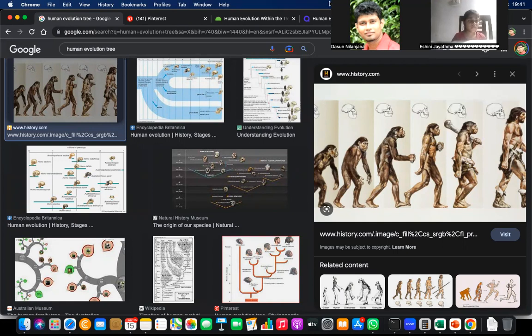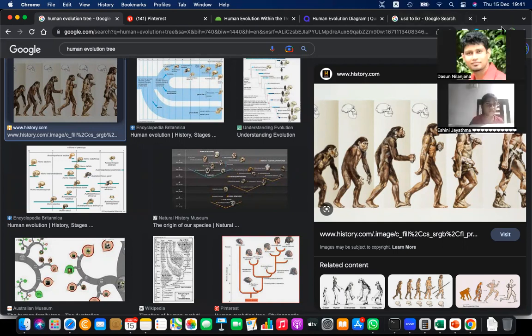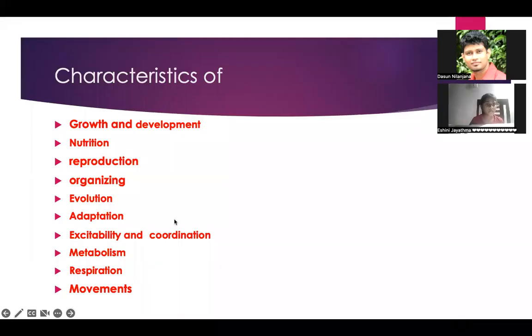Unfortunately you don't have any pictures of them, but if you ask your grandmother's grandmother how they looked, still you cannot find something like this, because this is also several thousand years ago. Evolution means we are changing from time to time, adapting and changing according to the environment.